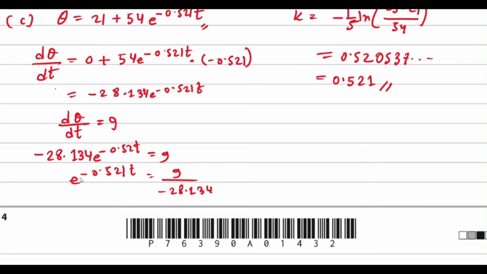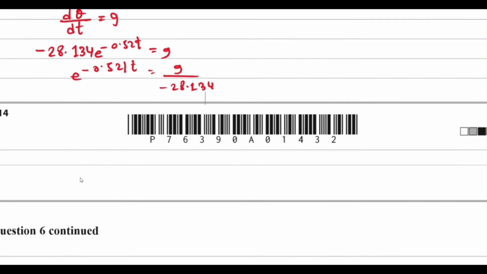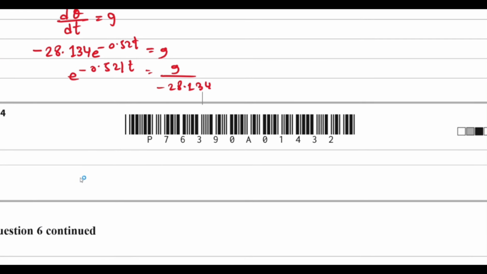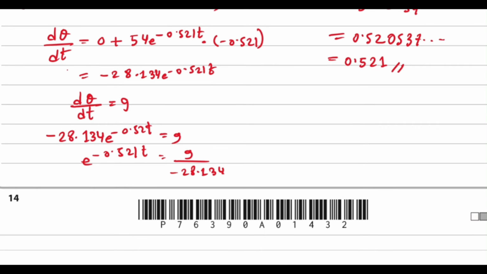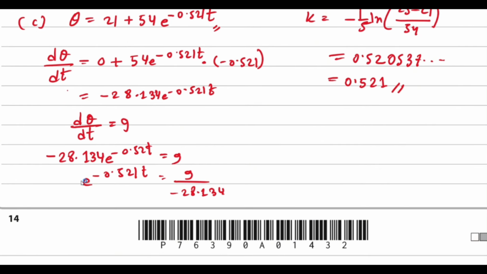Now what we can write is that we can take a ln on both sides. But before taking ln, I can recheck the equation and I find out that I've written this wrong.